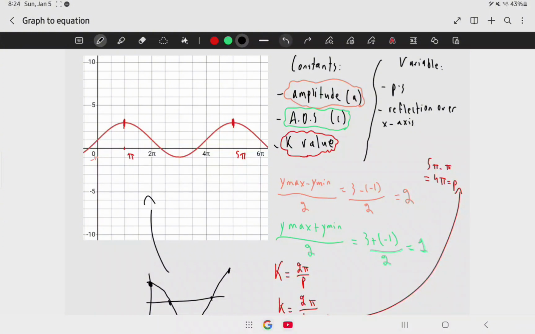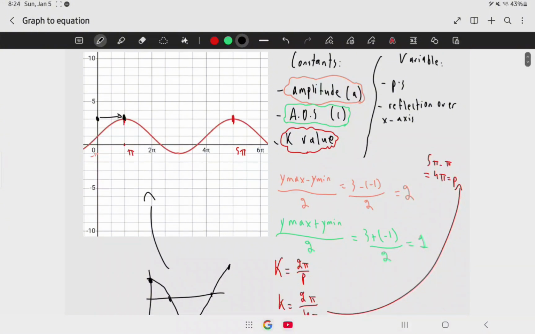Or sorry, the start is down here. But if we just take this point up here and shift it from where the cos would normally start, so if cos would normally start up here, and we shift that to there, then that would mean we have our proper working equation.